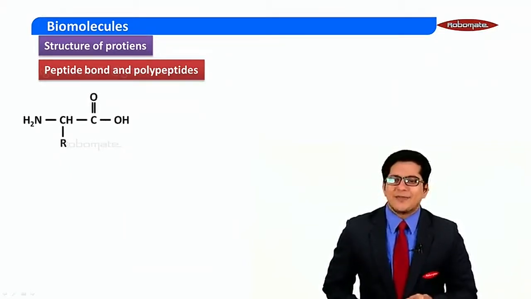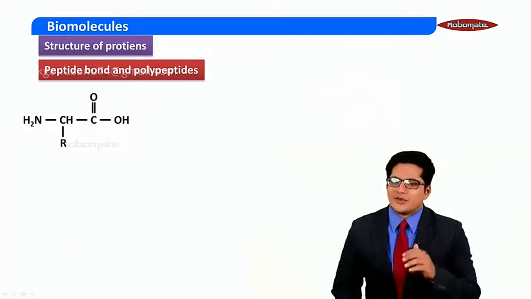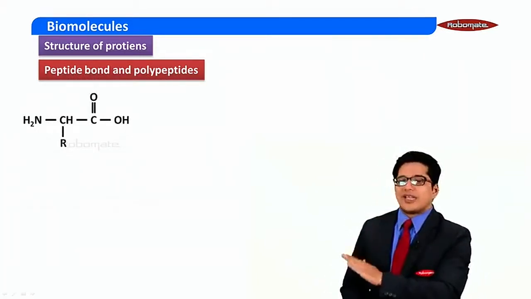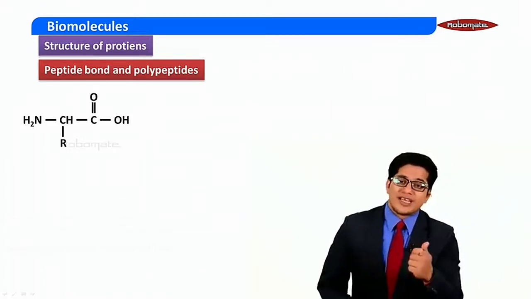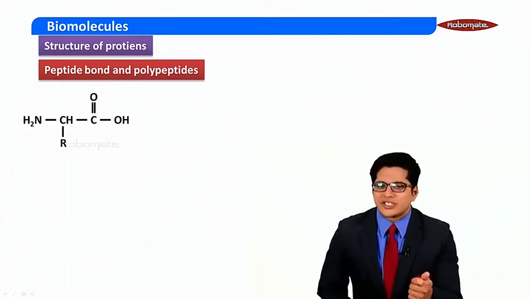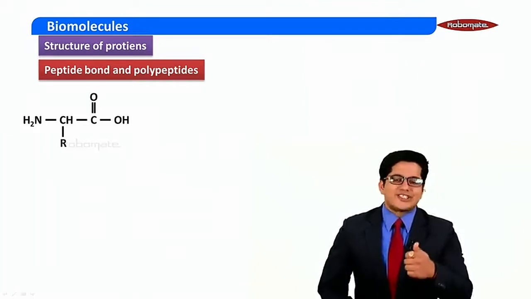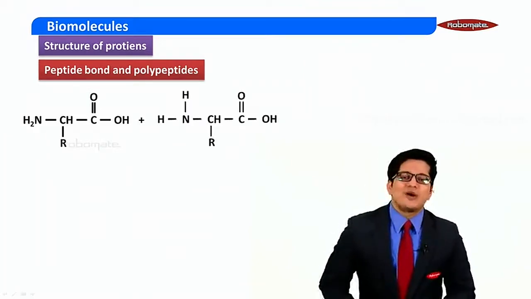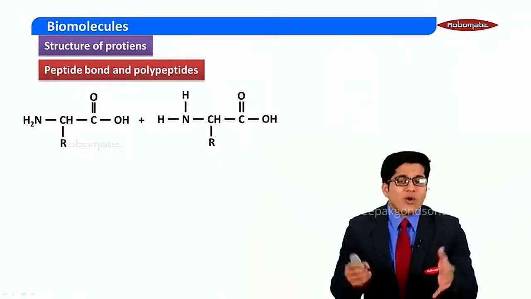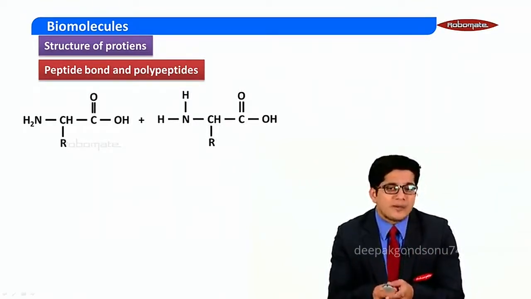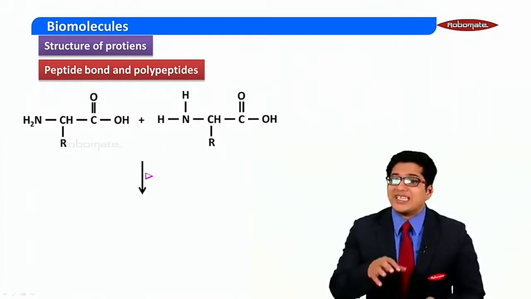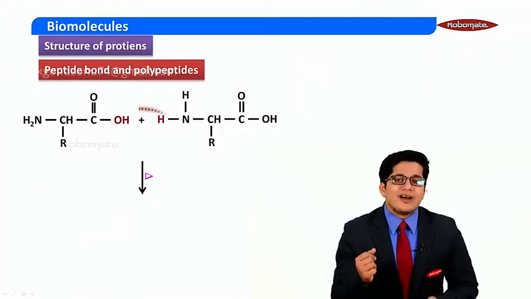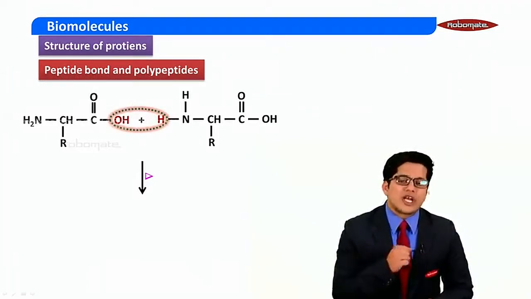Let's see this. We have an amino acid which looks something like this, wherein you have a central carbon attached to NH2 on the extreme left, then you have C double bond O, OH on the extreme right, H and R. Instead of taking one, I take two amino acids, and whenever I heat them together, a water molecule is lost.